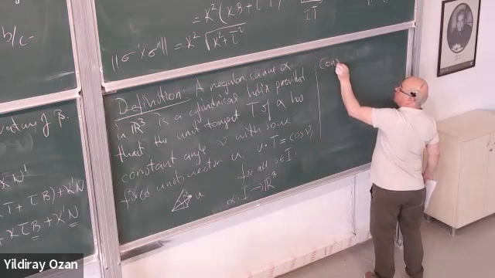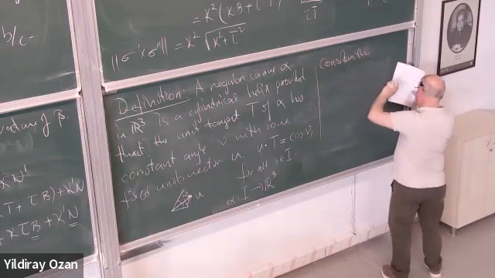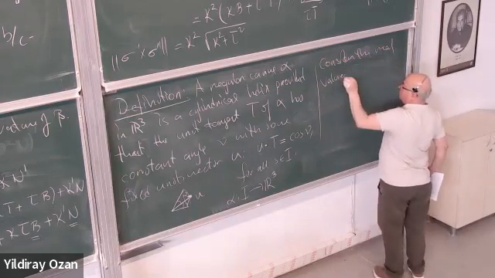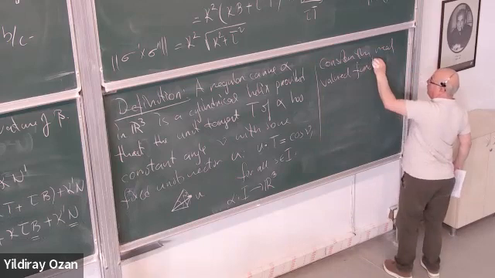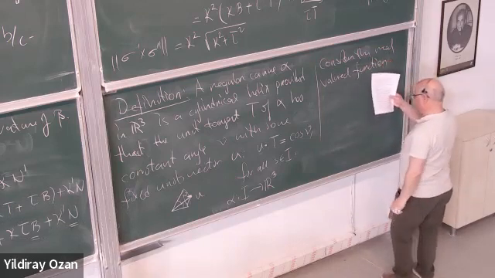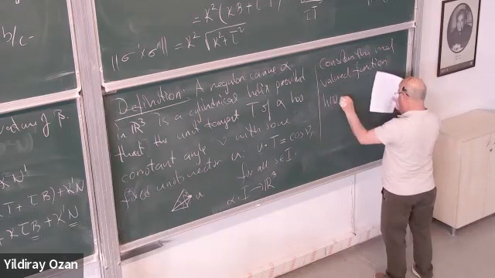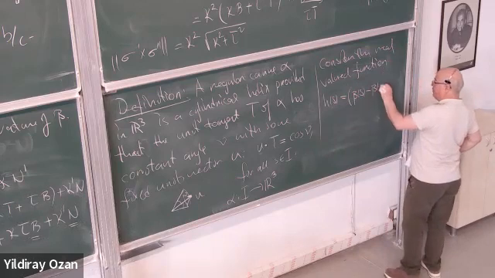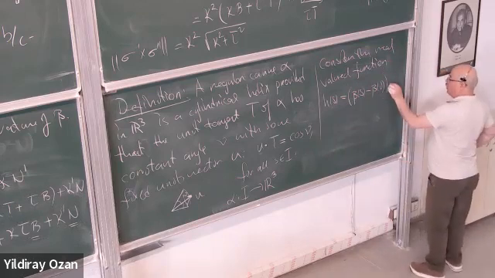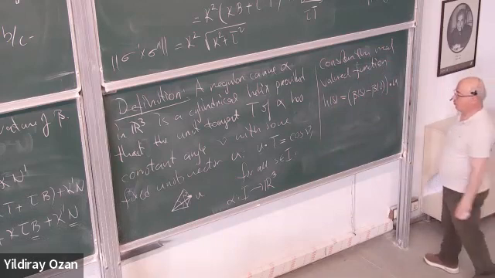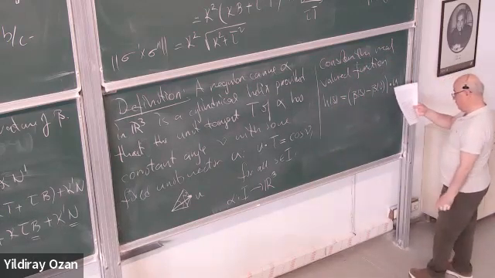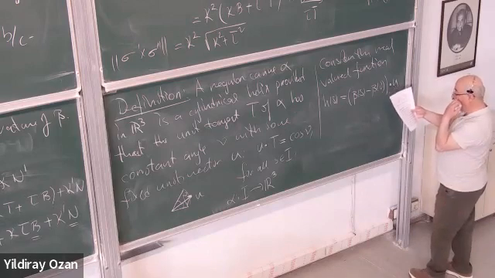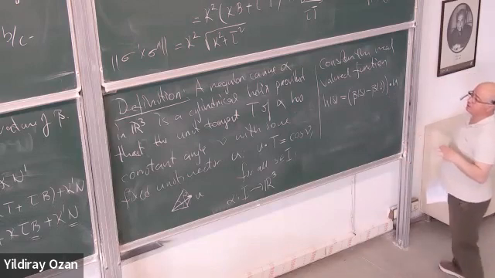Consider the real valued function h of s defined to be beta s minus beta 0 dot product with u. So beta nereden çıktı? Okay.